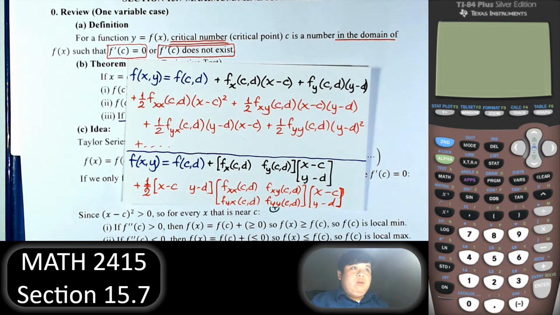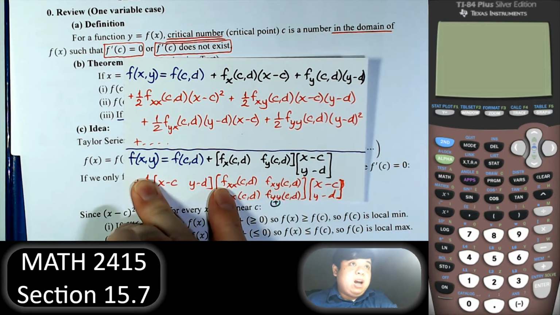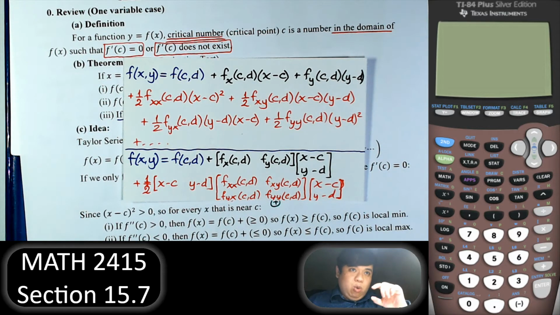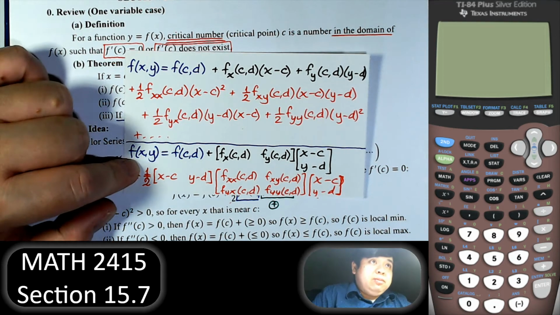So in matrix form, that's what we have, because when we multiply it out, it is exactly like that. And even though it is in matrix form, when we multiply it, it gives us a 1 by 1, just one entry. Right. So that is the Taylor series.